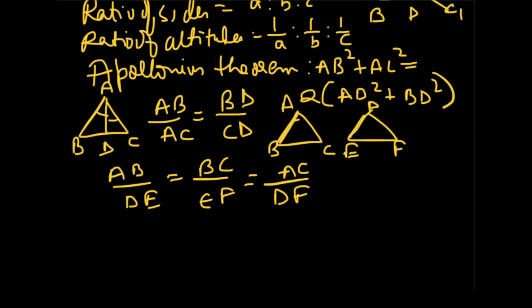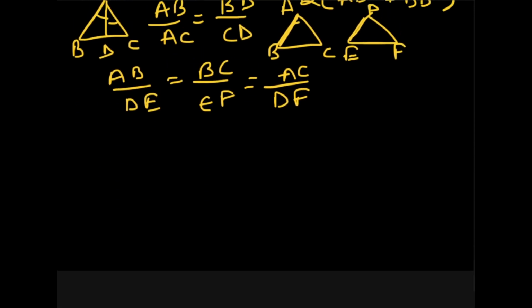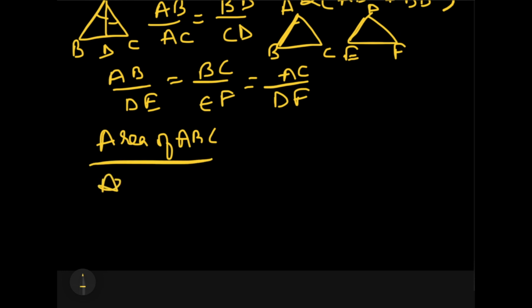Okay, what is the ratio of the areas? For the ratio of the areas, we know that the area of ABC divided by the area of DEF would be equal to the square of the ratio of any of the sides. You have these three sides, right?